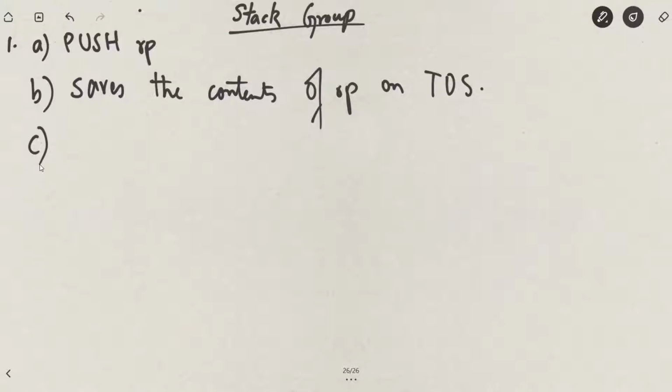As you know, the stack memory is also a 16-bit memory, and the register pair will also be 16 bits. So we can store the contents of the register pair on the top of the stack.